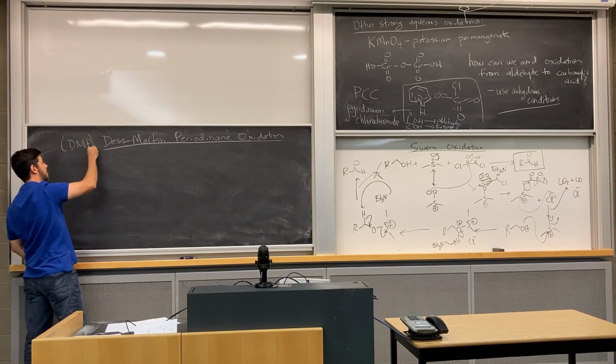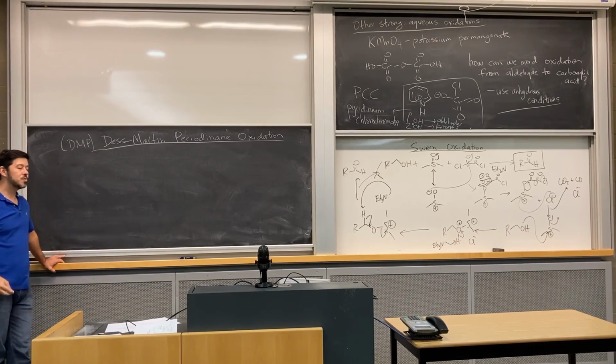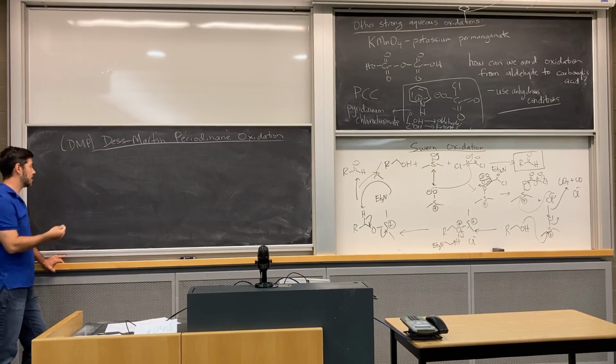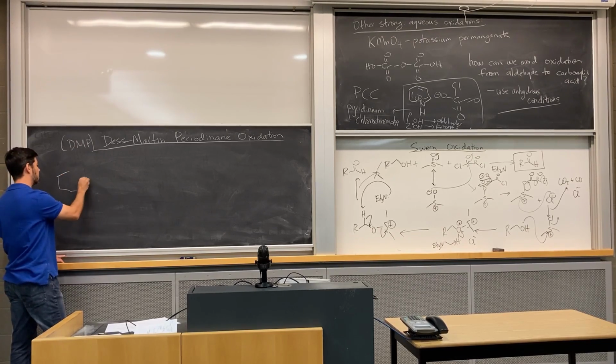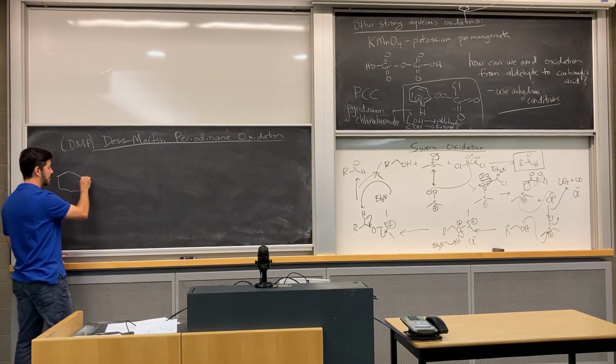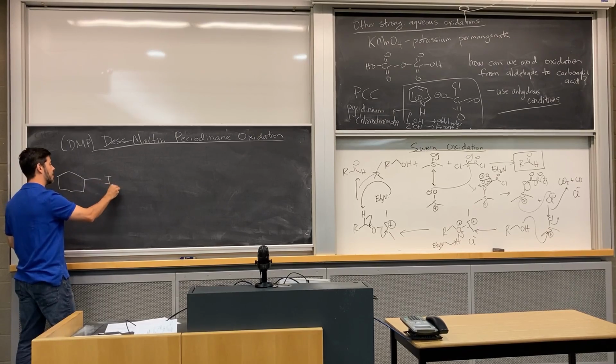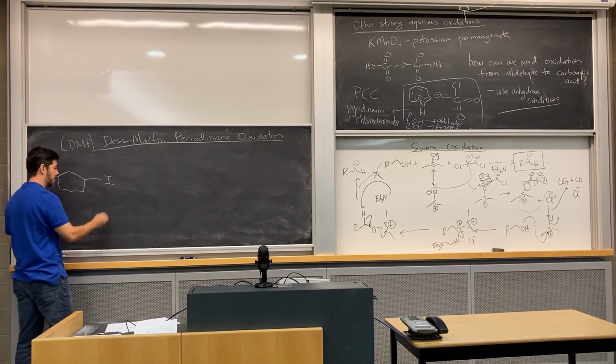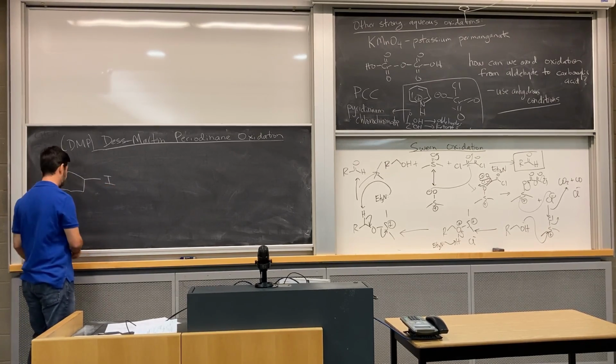Often abbreviated as DMP. So you use this structure that I guess I'll just draw, and it uses this pentavalent iodine.